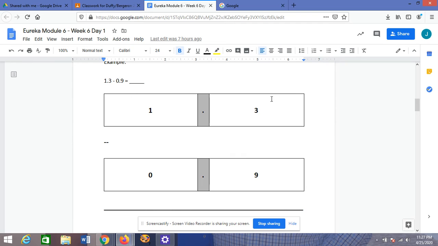So we go to the tenths place, we're going to subtract. Can we do 3/10 minus 9/10? No. So when we borrow, how I'll know you borrowed is, we can either just delete it or maybe highlight it.